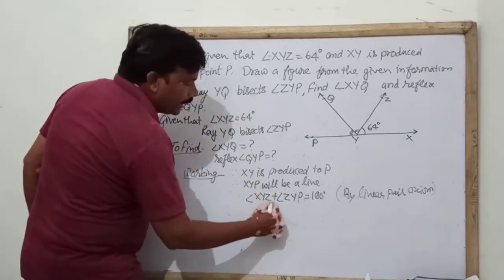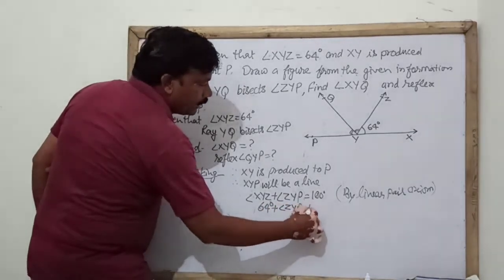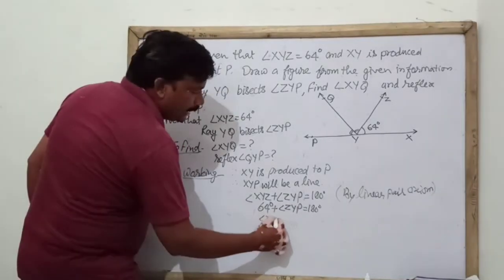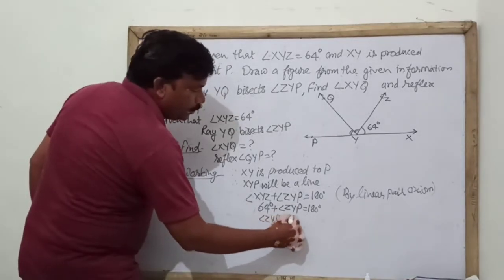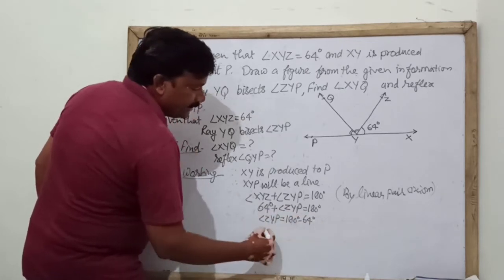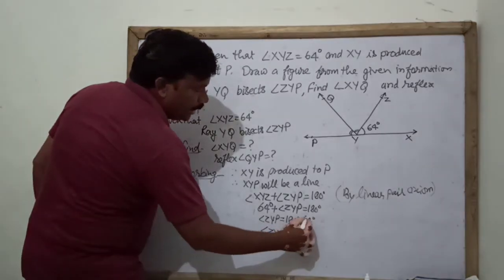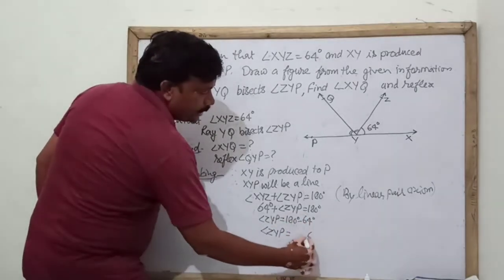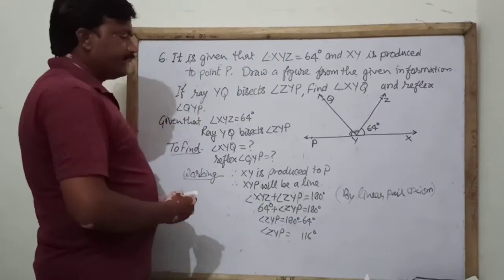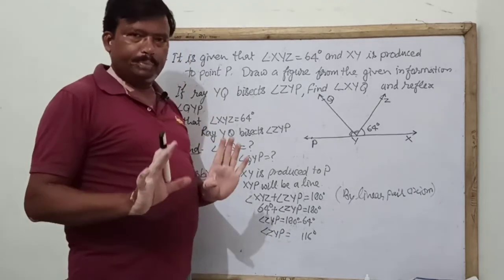Putting the value, 64 plus angle ZYP equals 180 degrees. Then angle ZYP equals 180 degrees minus 64 degrees, and the value of angle ZYP equals 116 degrees.